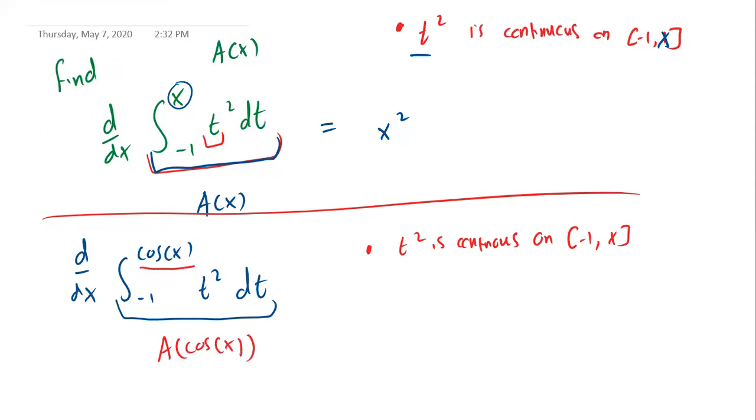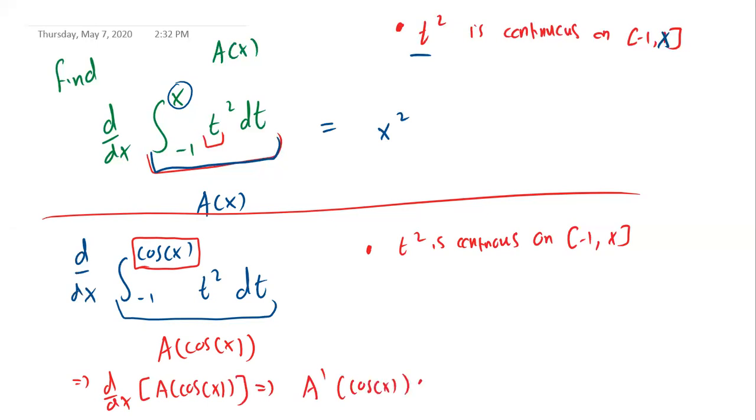Because you see the input is not x, it's cosine of x. So it's a composition. So when you want to find the derivative, you need to use the chain rule. Take the derivative of the outside, leave the inside the same, times the derivative of the inside, which is the derivative of cosine. So let me not write it like that. Let me write it like this.